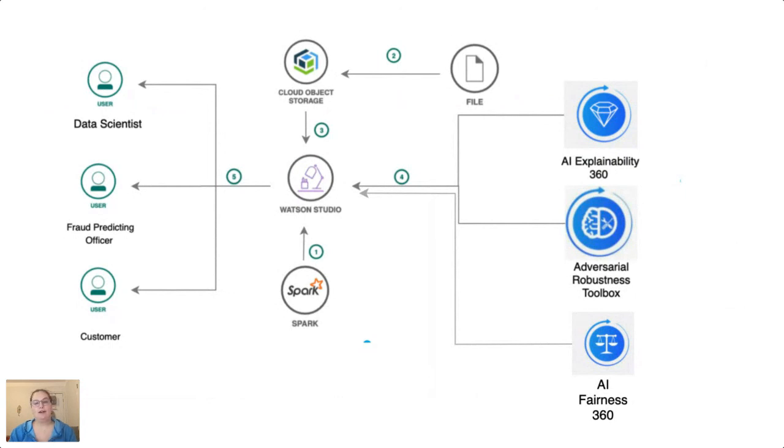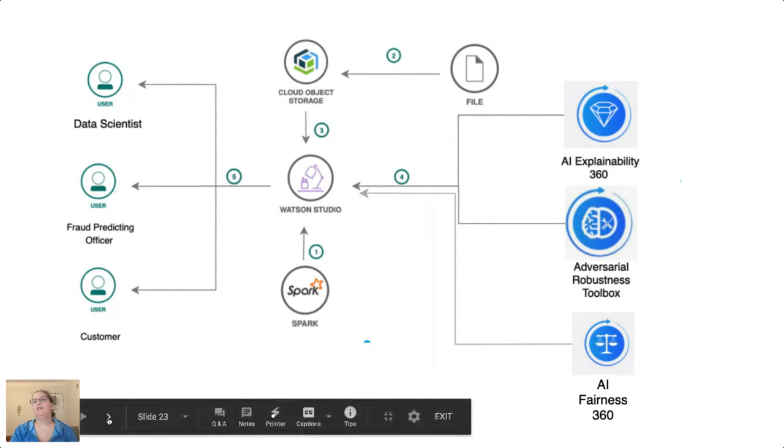And for today, we're going to be focused on the AI Fairness 360, but you also have access to the other toolkits as well. So this is the architecture for the actual project we're working on today. So today we're going to be focusing on credit fairness.